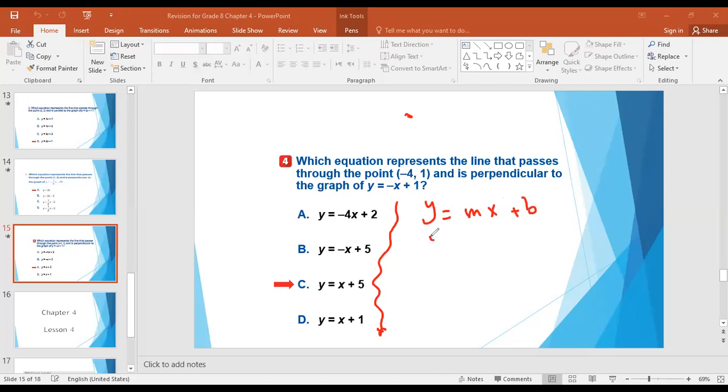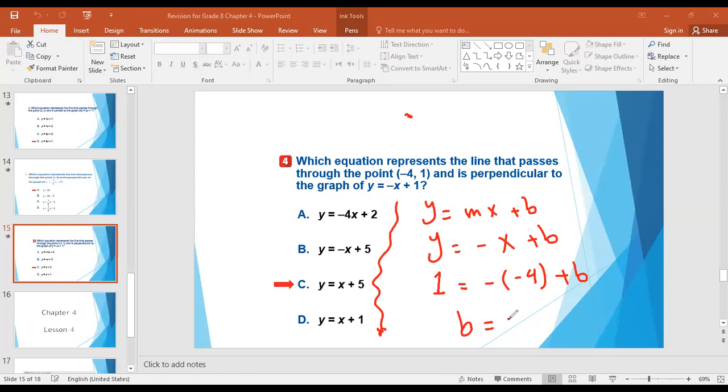And now we're going to write it in slope-intercept form. First of all, y equals mx plus b. Then we substitute: 1 equals 1 multiplied by -4 plus b. So 1 equals -4 plus b.